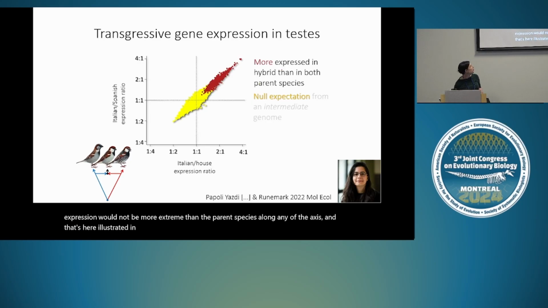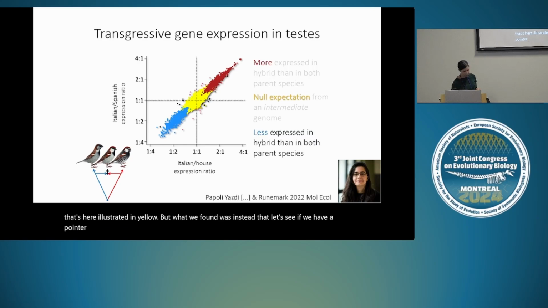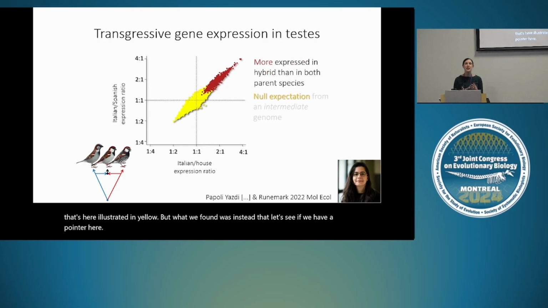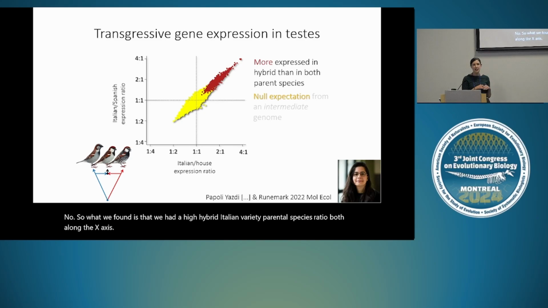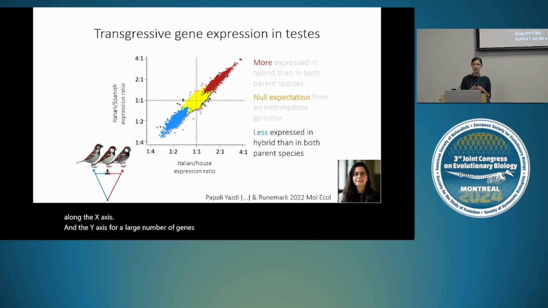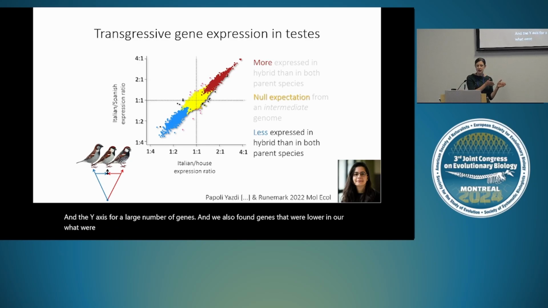But what we found instead was a high hybrid Italian sparrow to parental species ratio, both along the x-axis and the y-axis, for a large number of genes. We also found genes that were expressed in lower numbers in the Italian sparrow, the hybrid, than in both parental species.